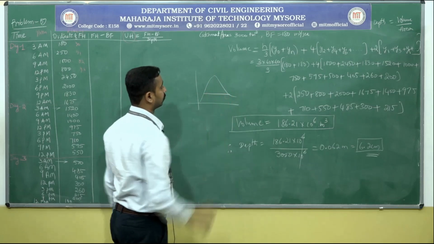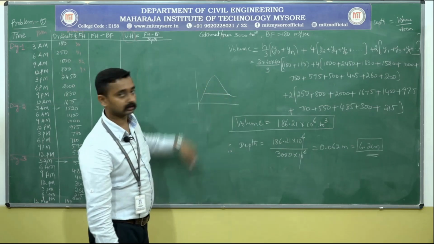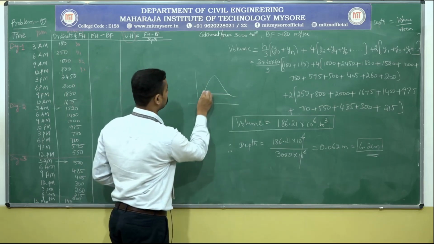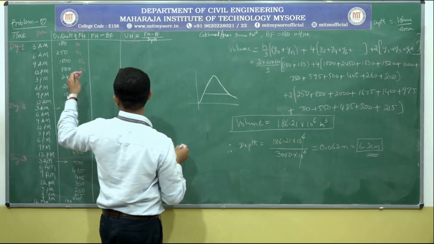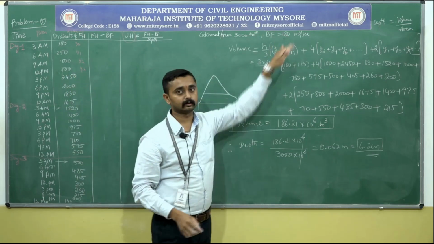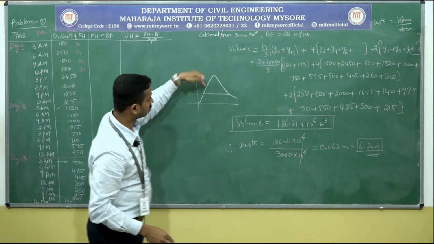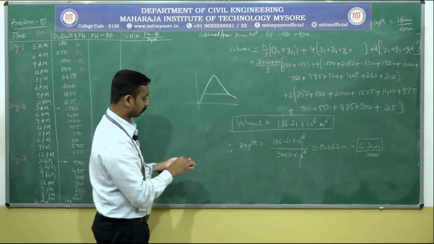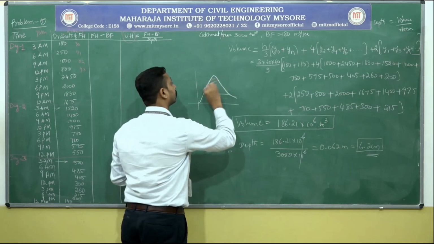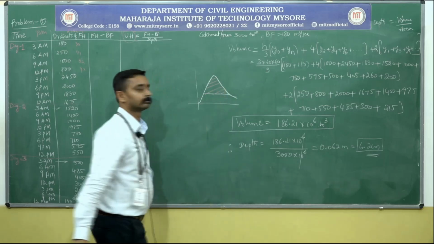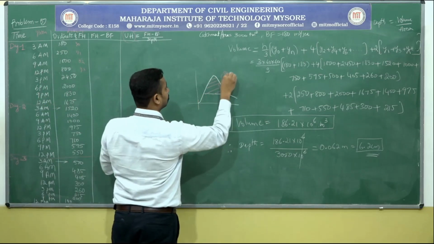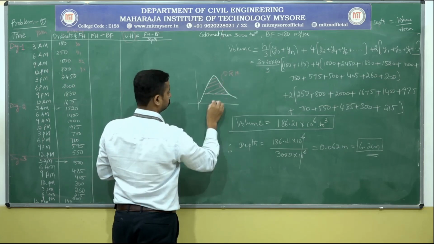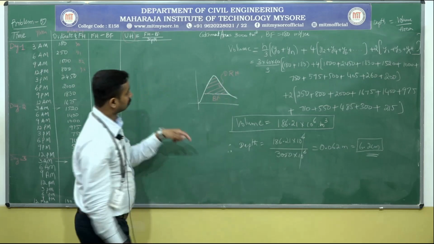This is base flow, right? Now, these are the flood hydrograph ordinates, and the base flow is constant at 180. Flood hydrograph ordinate minus base flow gives the direct runoff hydrograph, DRH.